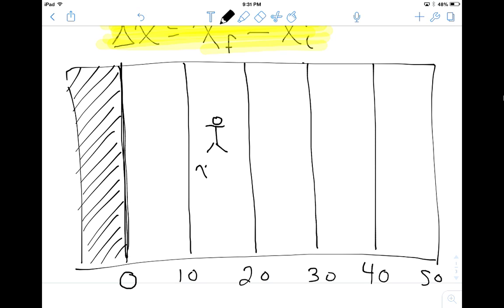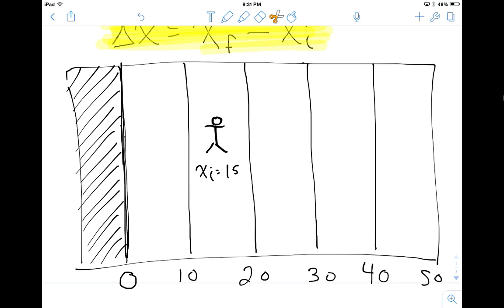So his initial position is 15 because he is 15 yards from 0. If this is 0, he's 1, 2, 3, 4, 5, 6, 7, 8, 9, 10, and so on. He's 15 yards from 0. Now let's say they snap the ball. There's Mr. McSparron.